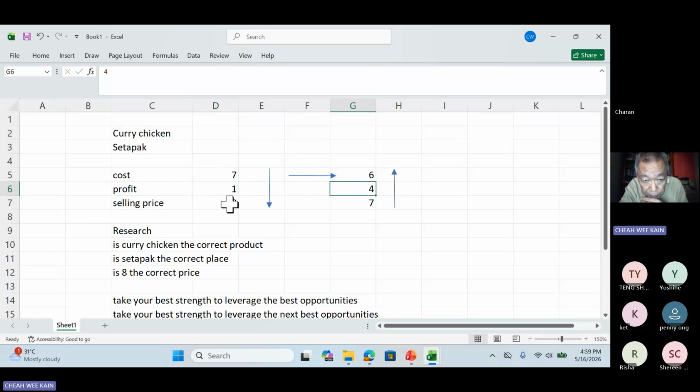Tesla cannot compete because they want to sell at 8. Why? Because they are buying expensive batteries. BYD can sell at 7 because their cost is cheaper, since the battery is in-house.